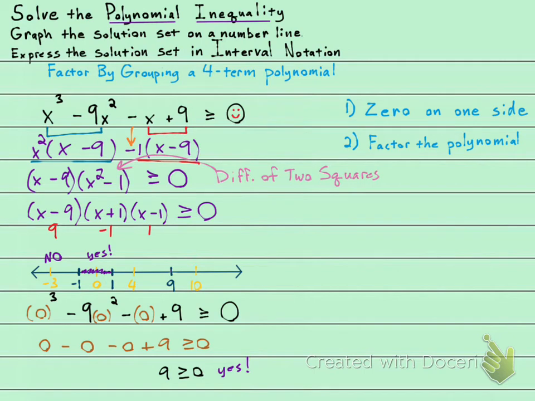Let's try 4, test point of 4. From the original, everywhere where I saw an x, I'm going to put in a 4. And let's see what we get. 4 to the third is 64, minus 9 times 4 squared, which is 16, minus 4 plus 9.